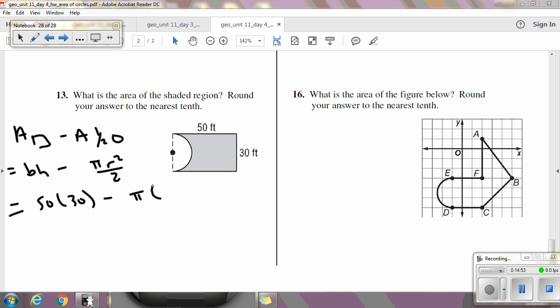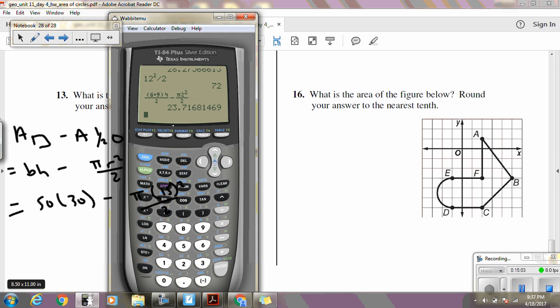So the diameter of my circle is 30, so half of that is 15. So that's my radius over 2. Now put it in the calculator.